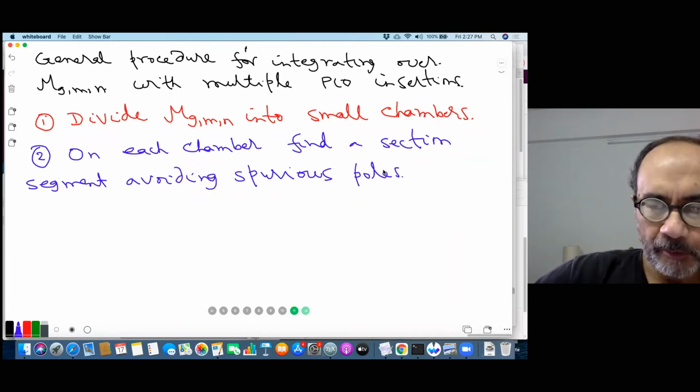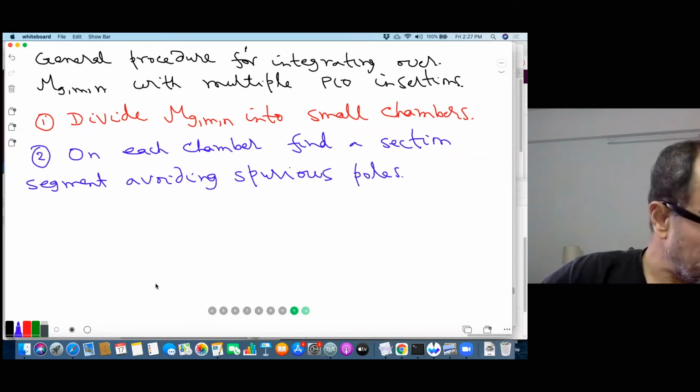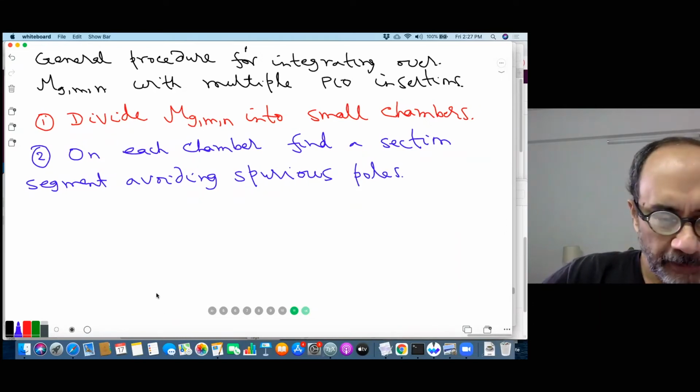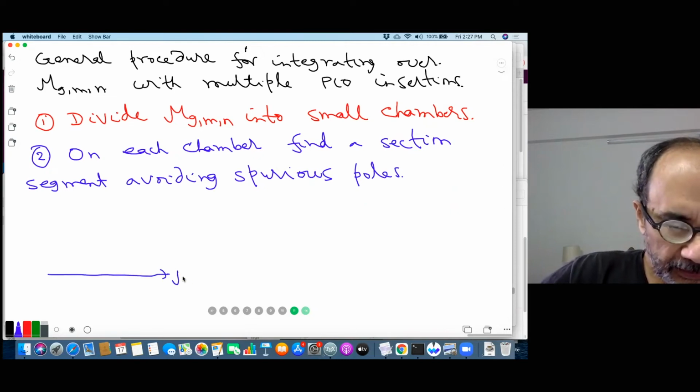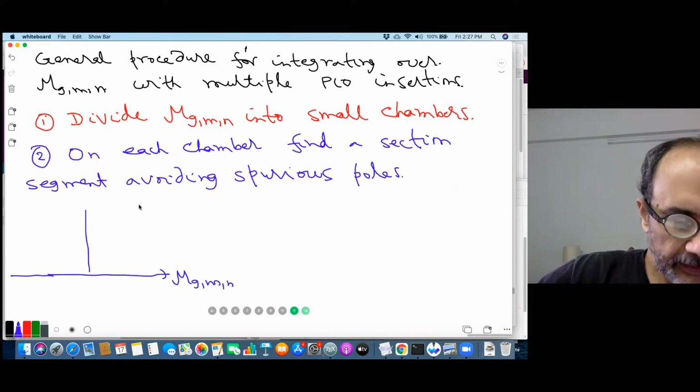And this is always possible if the chamber is sufficiently small. Let me represent it pictorially. Imagine that here you have MGMN. This is our PGMN.